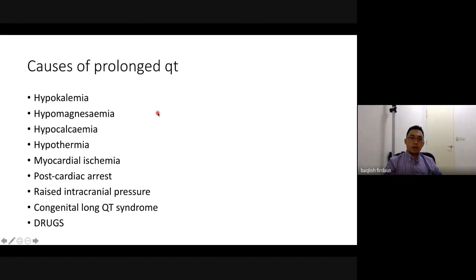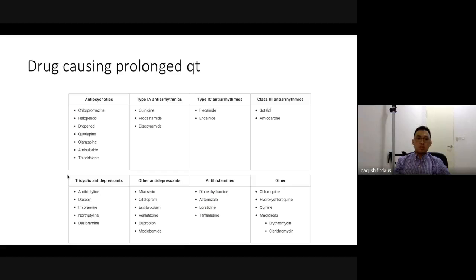You must correct all the electrolyte imbalance because it can cause prolonged QT, and prolonged QT can lead to torsades. Other causes include hypothermia, patients with MI, post-cardiac arrest, patients with raised intracranial pressure, or patients who are born with long QT syndrome. And most importantly, certain drugs can cause prolonged QT syndrome.